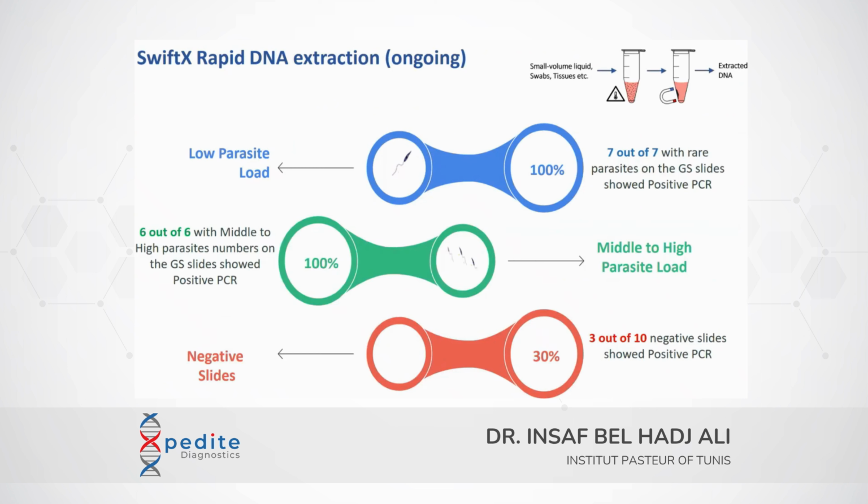So now we are working on the development of a rapid DNA extraction for parasite DNA, and we are using the SwiftX reagent. These are preliminary data, but they are very promising results. We were able to detect by PCR, using DNA extracted by SwiftX, 100% of positive slides.